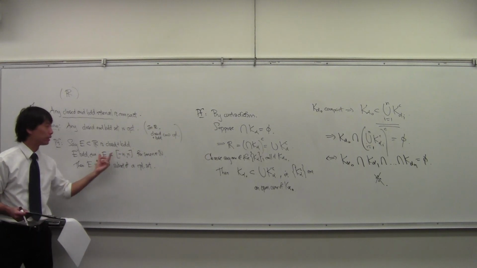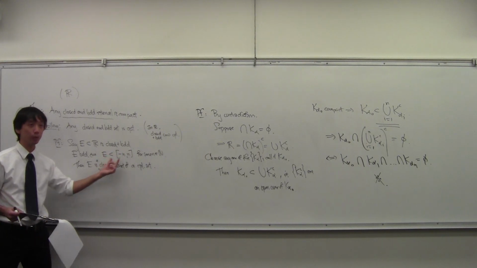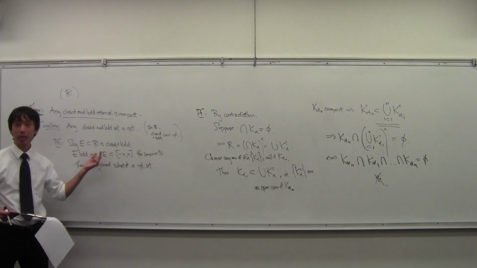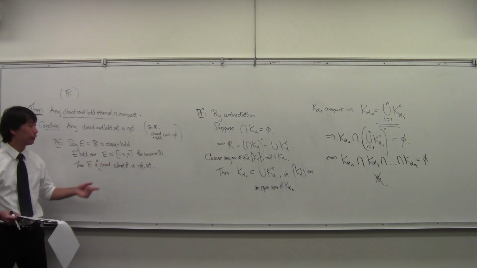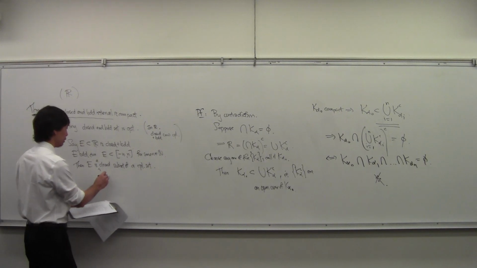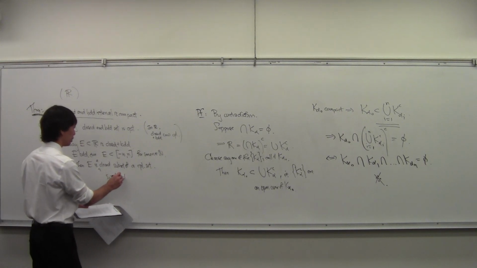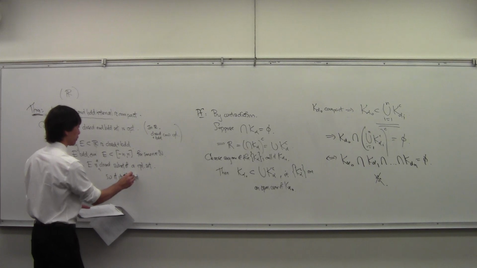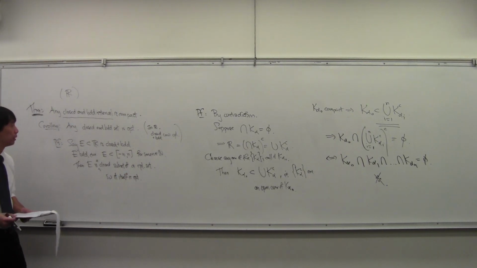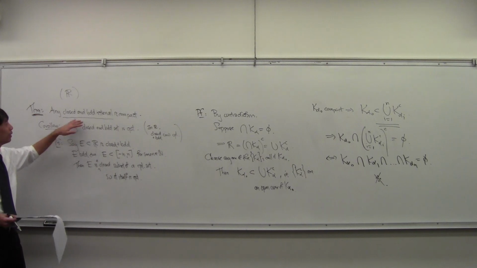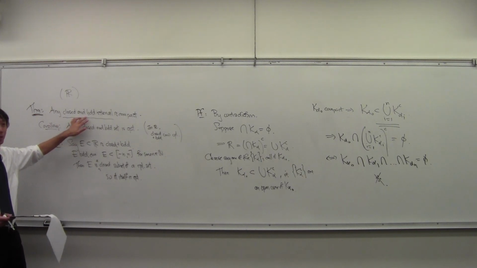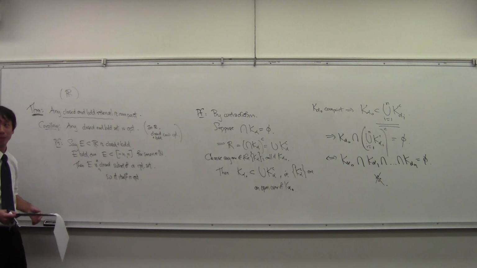So E is contained in a compact set, and it's closed. And we showed last time that if you're a closed subset of a compact set, then you yourself are compact. So it itself is compact. This is not the hard part. The hard part is proving the first part, that any closed and bounded interval is compact.